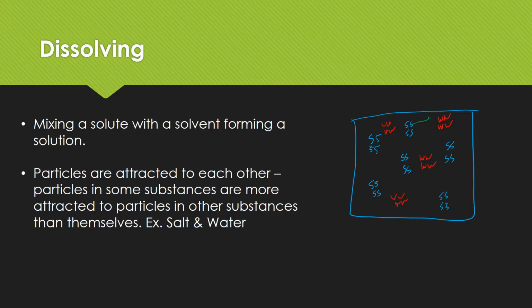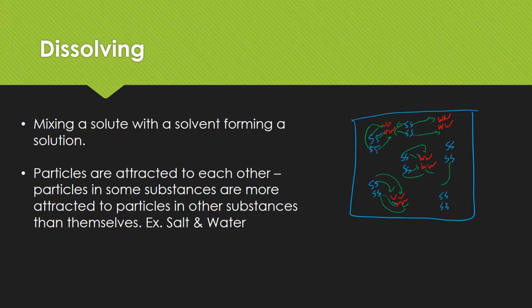So they start to spread out and move and get closer to those water particles. We can see here like this. Now they're not together and they're moving in here. They're attracted to that water particle. That's what dissolving is, because now they're more attracted to the water particles. They're spreading out and moving closer to the water particles and filling in some of the spaces in between those water particles as they get together.